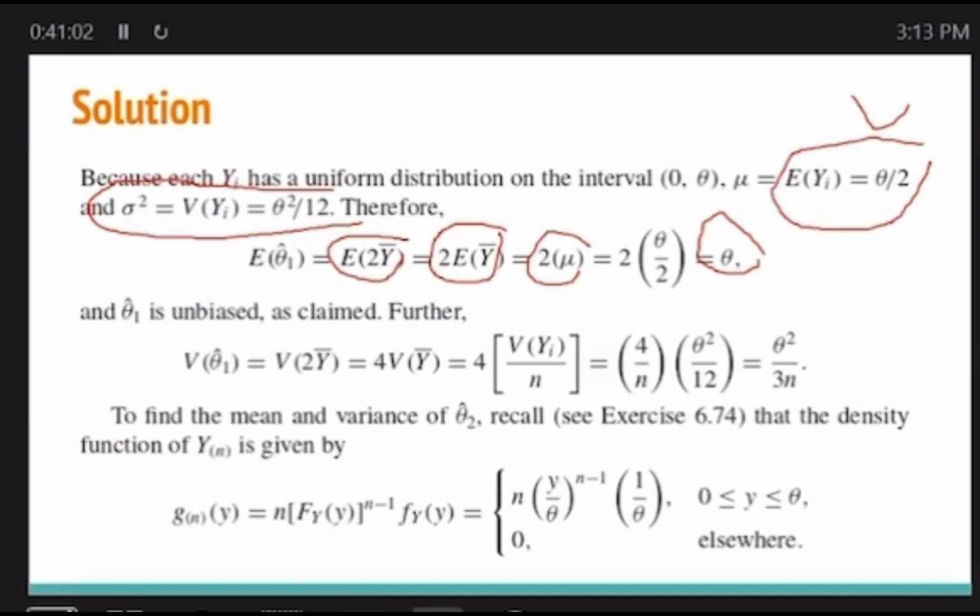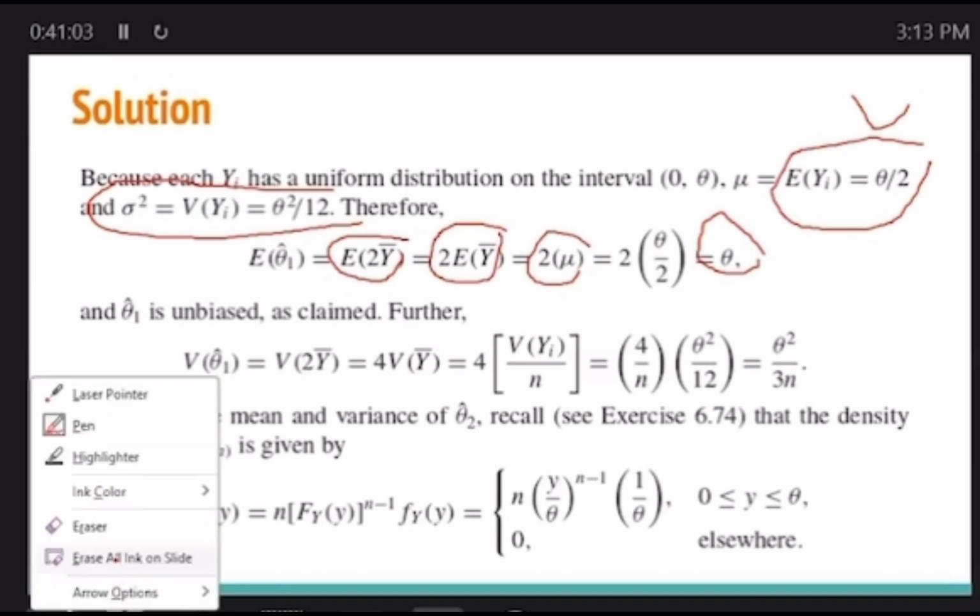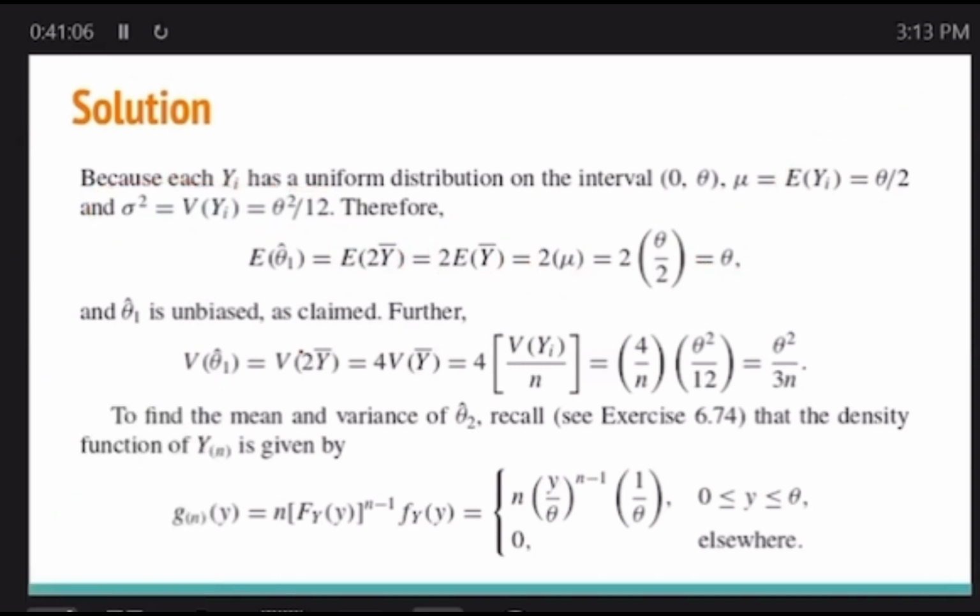Now, after getting that, the next thing is to investigate the variance. The variance of 2y bar, mathematically, will be 2 squared times the variance of y bar. What is the variance of y bar? It is going to be the variance of y divided by n. For normal, sigma squared over n.